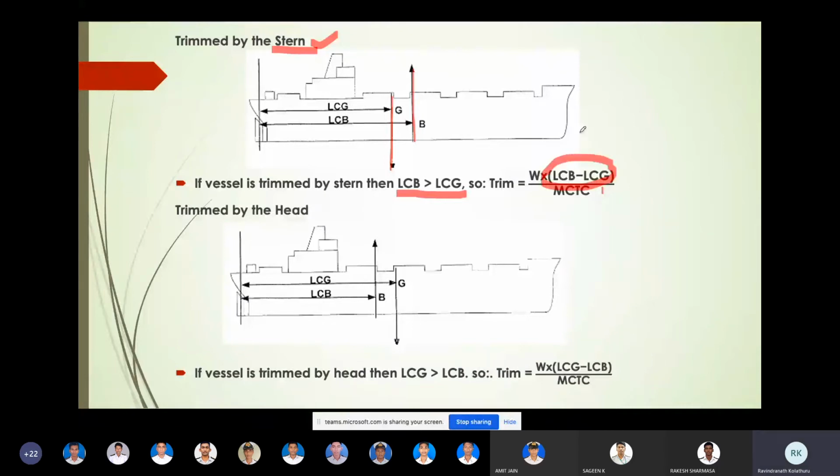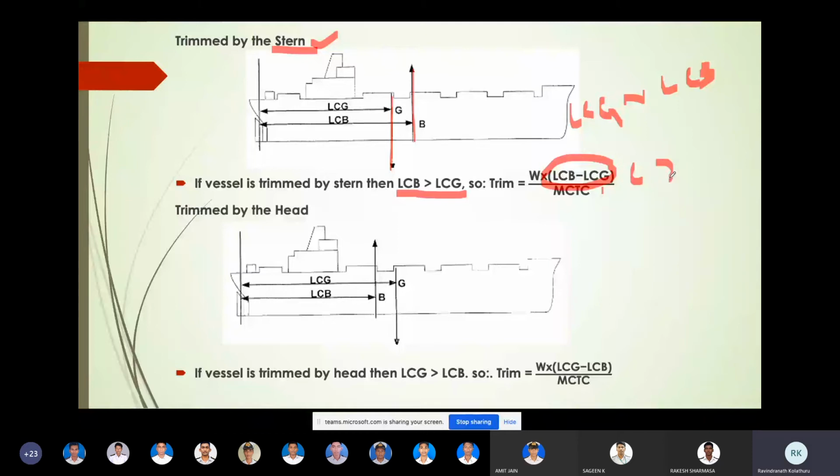Because you told me that initially it was LCG minus LCB, right? But why am I writing it again with minus? Because we want to find a positive value here. When I have a stern trim, I consider that my LCB value is more, so I write LCB minus LCG so that I get a positive value.